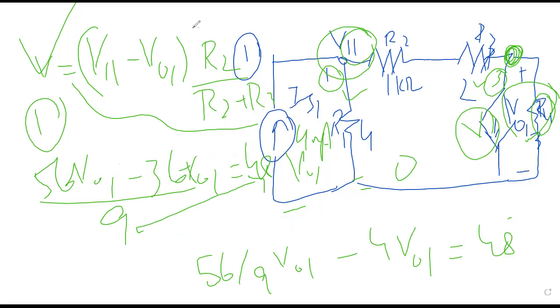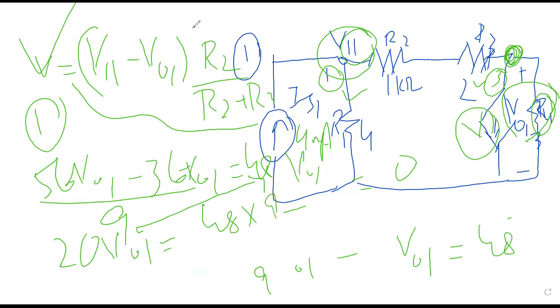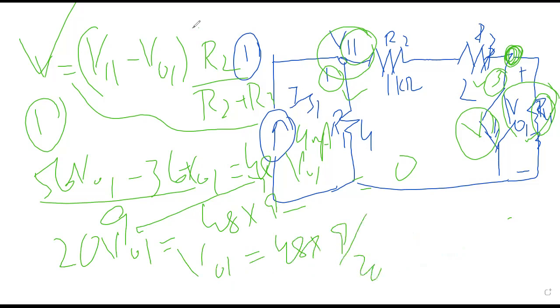So 56 minus 36, that will be 20 V01 upon 48 multiplied by 9. So this value must be V01 equals 48 multiplied by 9 upon 20.